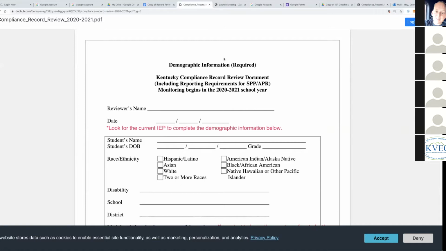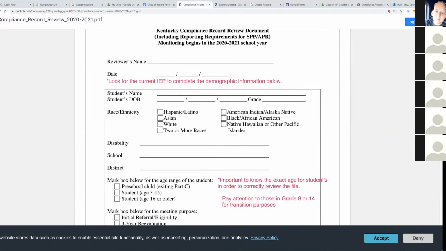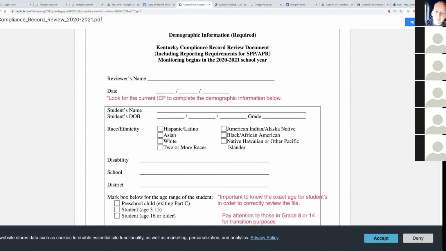You're going to have that file in front of you. We're also going to take you through the record review and go over the things that need to be found in your records, and give you our impressions from all of our information in regards to caps and that kind of thing. So what you have in front of you right now is the demographic page, and I've annotated the document.